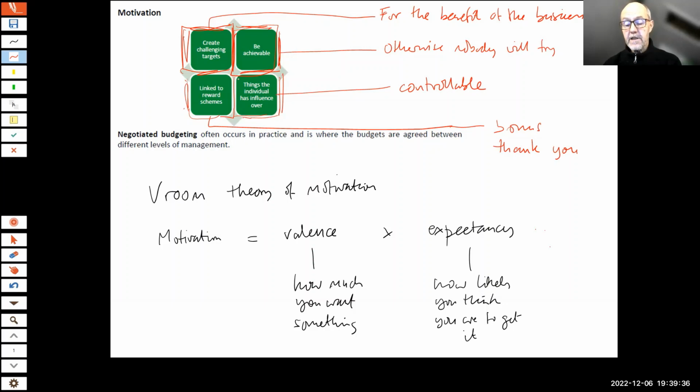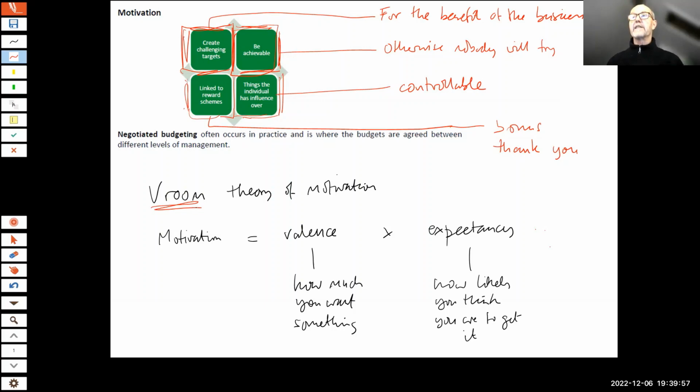Maybe give him a target for how many he has to produce, and it's the sales manager's problem. So targets must involve items that the individuals concerned have some influence over. Otherwise, what's the point? I love that name.